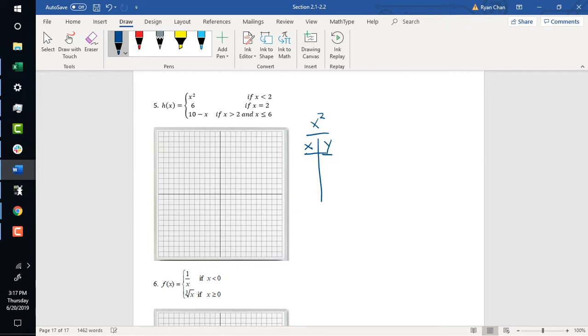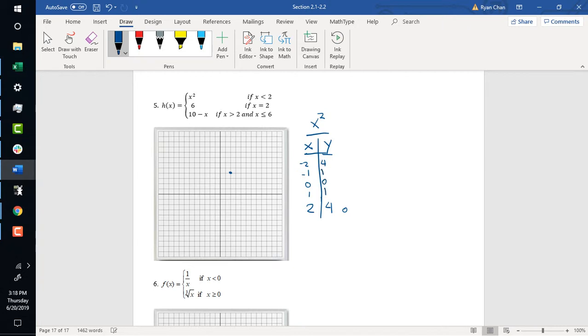So 2 is your largest, and 2 squared is 4. This is an open circle, right? So I'm going to go here, 2, 1, 2, 3, 4. And then I have 1, 0, -1, -2. -2 squares 4, -1 squares 1, 0, 1.